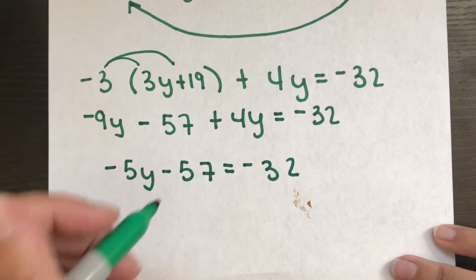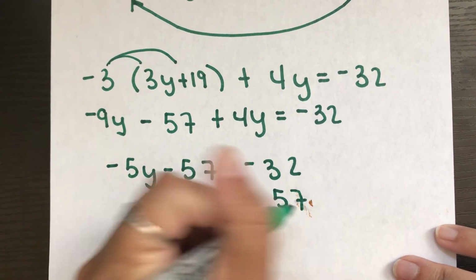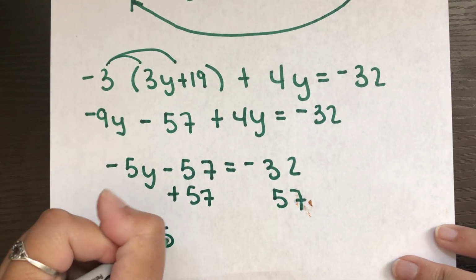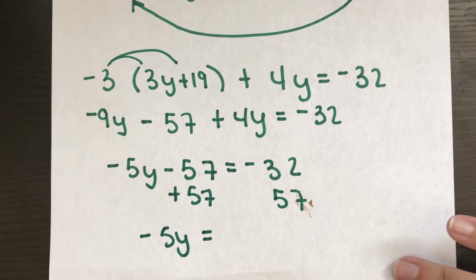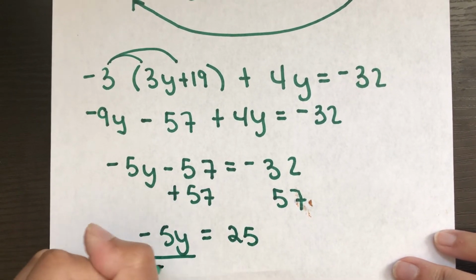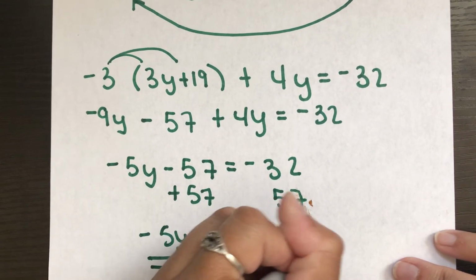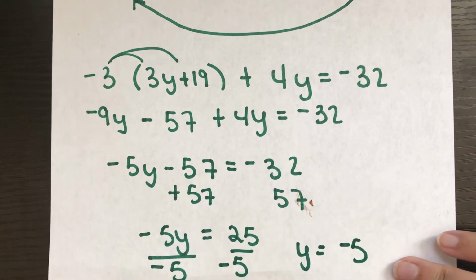I can move the 57 over to the right-hand side. I get -5y equals, what is that, 25. I can divide by -5, and I now know that y is -5.